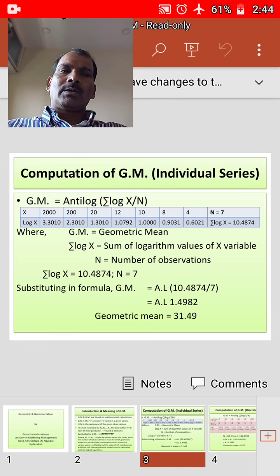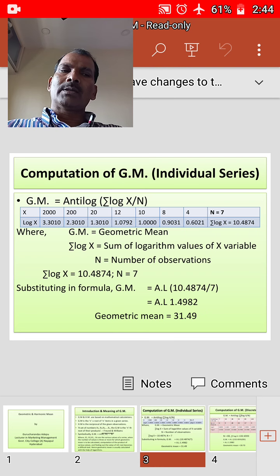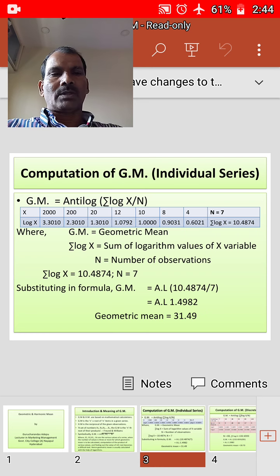We will see how to find it. Find the logarithms of the values of x variable and obtain their total, sigma log x, and obtain the total number of observations, that is n, and apply the formula: geometric mean is equal to antilog of sigma log x by n, where GM is geometric mean, sigma log x is the sum of the logarithms of values of x variable, and n is the number of observations.